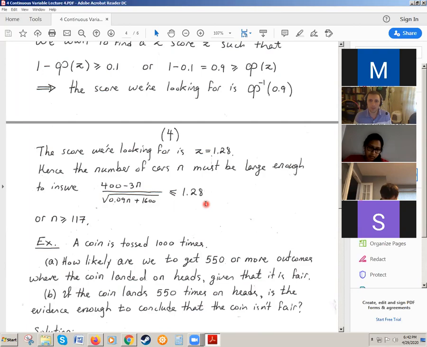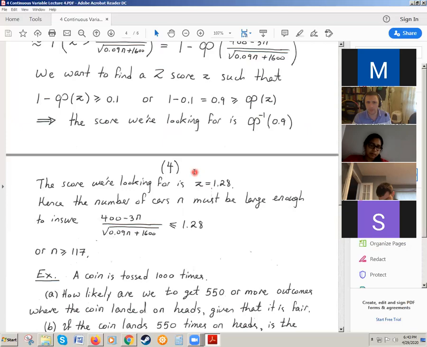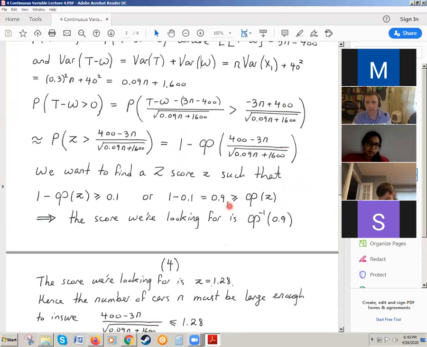The previous problem, guys, you understood, right? I explained well enough, you followed. You understand where I got 1.28 and why this quantity is less than 1.28, because we figured out that 0.9 has to be bigger than phi of z. So I'm searching for all values of z that will produce probability below 0.9.